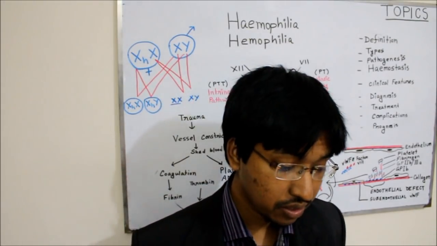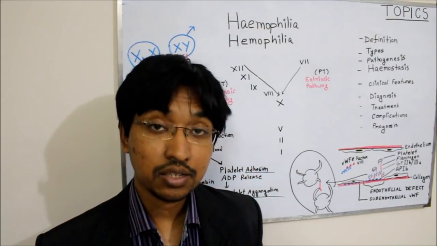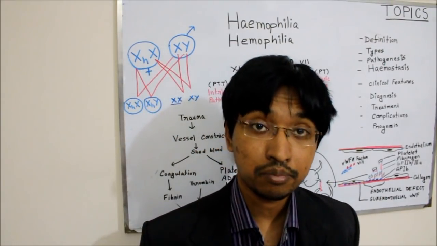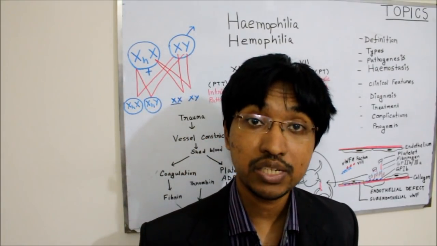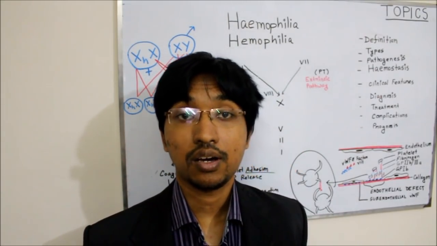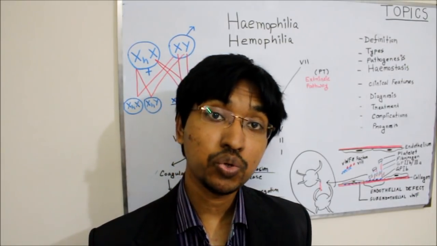There may be severe anemia and blood loss, and there may be bleeding in the gastrointestinal tract, and sometimes there is bleeding in the urinary tract that will result in hematuria.